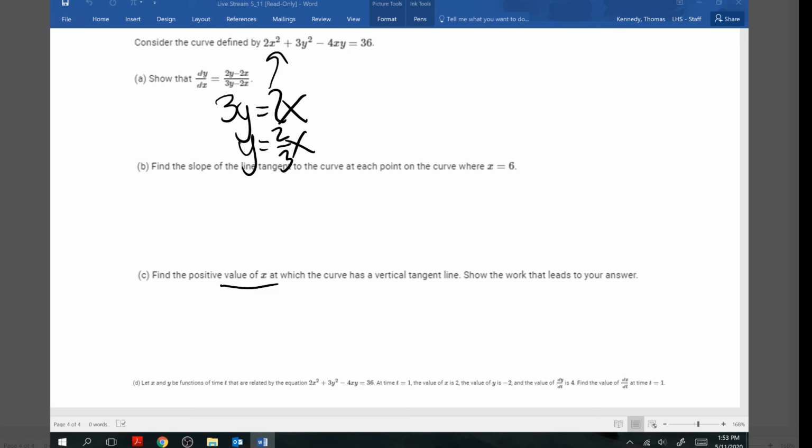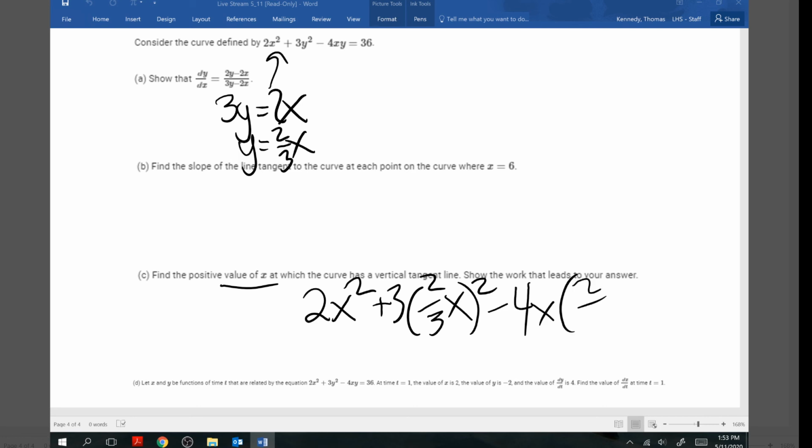I plug all those in, and I get 2x squared plus 3 times (2/3 x) squared minus 4x times 2/3 x. These values should give me the spots where I have a vertical tangent line, and I'll pick the positive one for my answer.